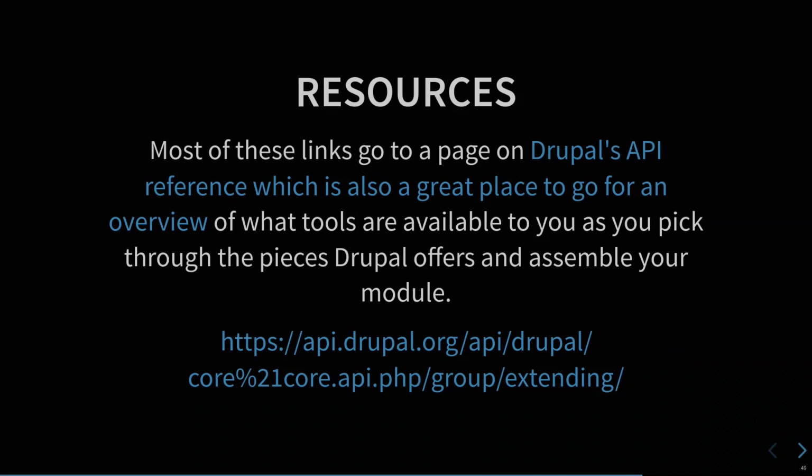Drupal's API reference is also a great place to get an overview. That's just api.drupal.org/api/drupal/ followed by whatever version of Drupal you're looking at. And you can go straight to 11.x so that you're not getting anything that's already deprecated or removed.